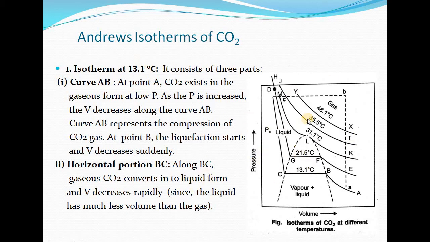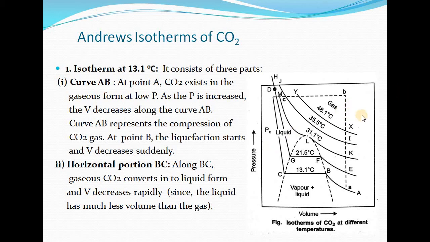First of all, from this figure, we are plotting pressure against volume at different temperatures for the gas, so that we get different isotherms like A, B, C, D, E, F, G, H and so on. On the left hand side of the figure, we have CO2 in the liquid state.